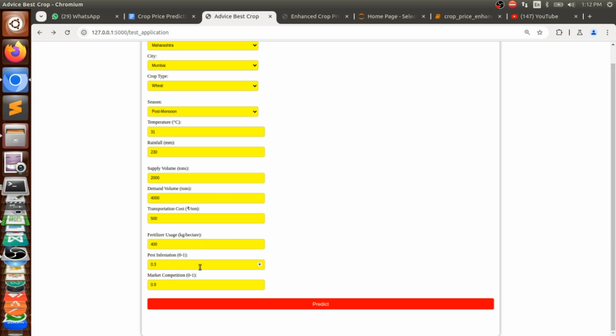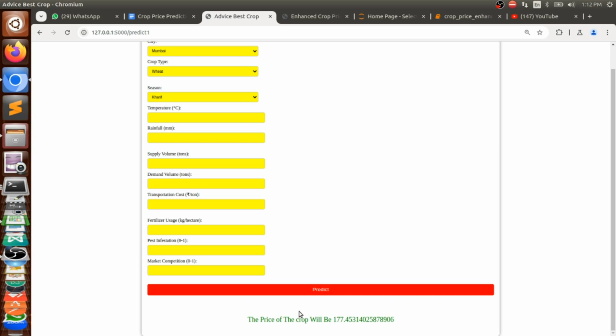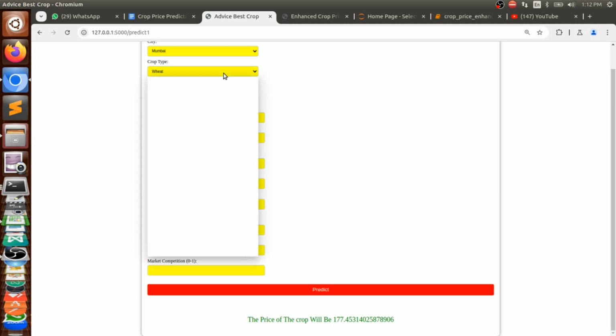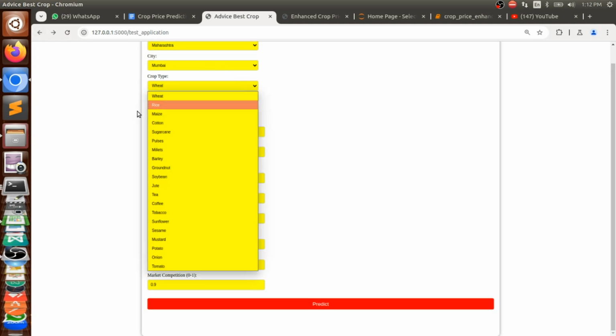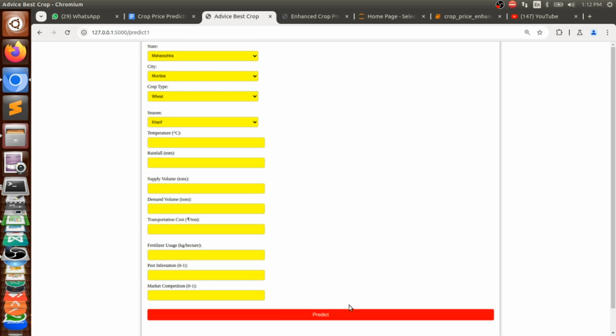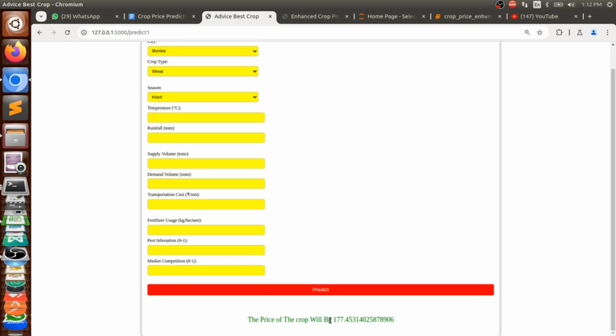And after that, pest infestation is 0.9. It will go on increasing. If you decrease it, it will decrease the value of that crop. You can even change the crop and see what the same impact will be on the price, how the values will change.